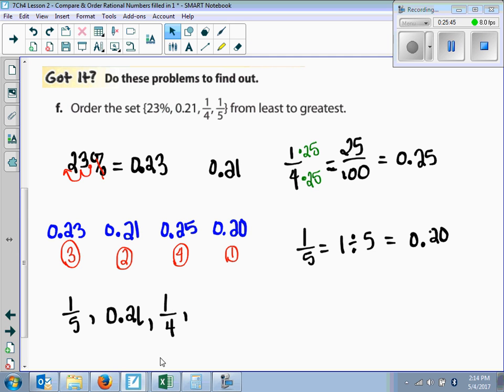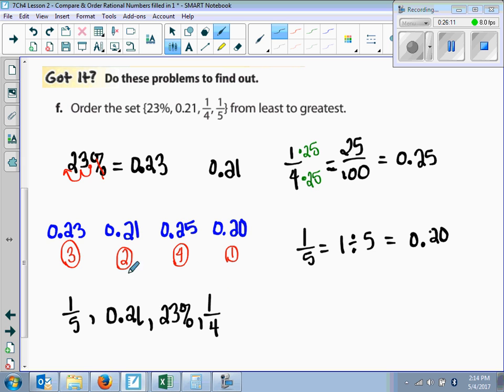This one is supposed to go at the end, right? So, that's okay. Here, the third one is 0.23, which is 23%. And then the last one is the 0.25, which is the 1/4. Is everybody clear on how you order a set of numbers?